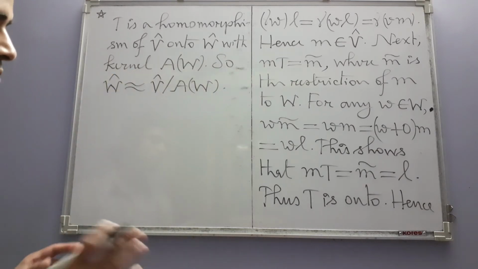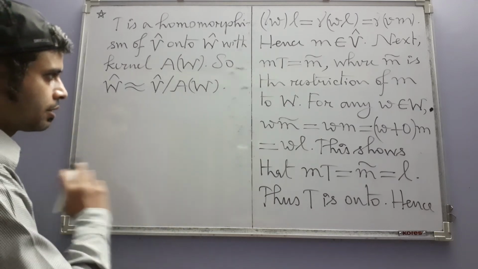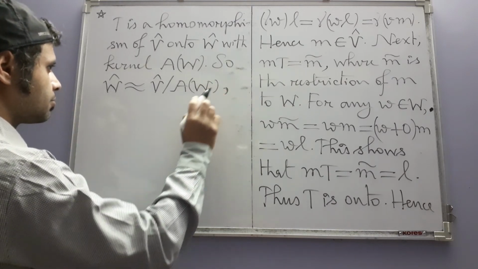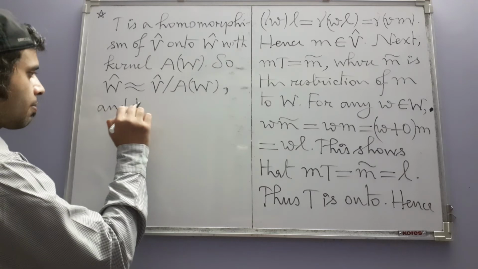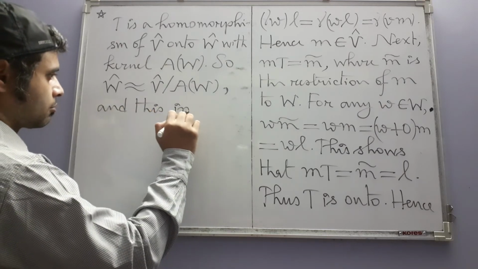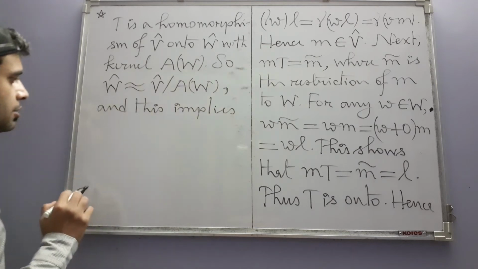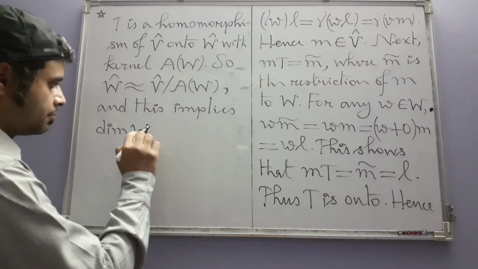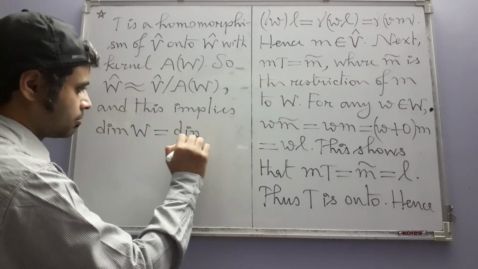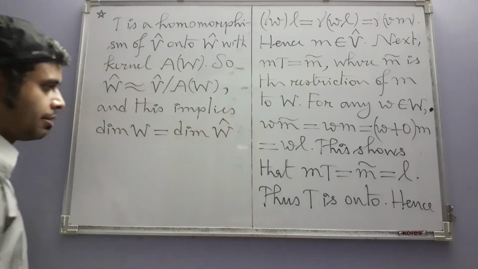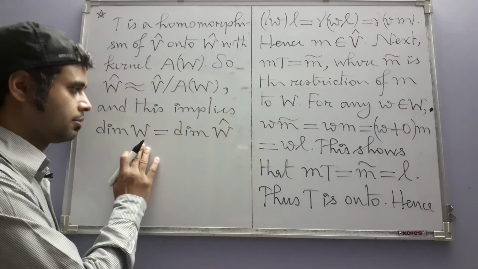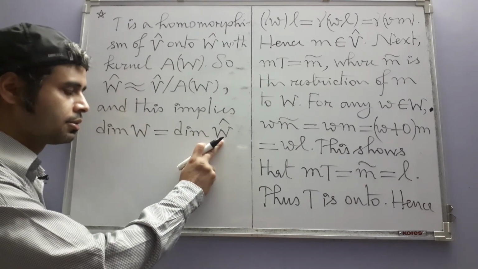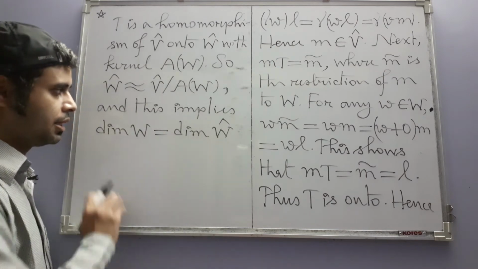And from this we of course are going to get something about the dimension, and this implies what? Dimension of W is equal to the dimension of W hat. We already know that a finite dimensional vector space and its dual space have the same dimension, so that's why we have written this.